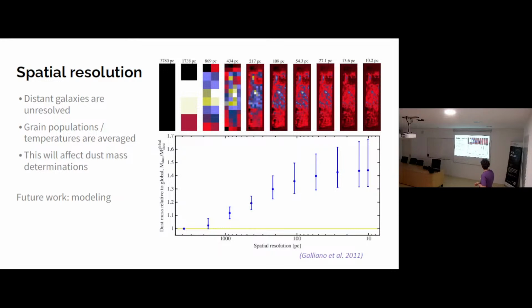So you are seeing the same dust everywhere, but he determined the dust masses, he added up what he was getting for the pixel-wise fitting, and he found that there is a dependency here. If you average everything together, you get a lower dust mass than if you start separating out star formation regions and so on. So this is already a demonstration that it matters what you do.